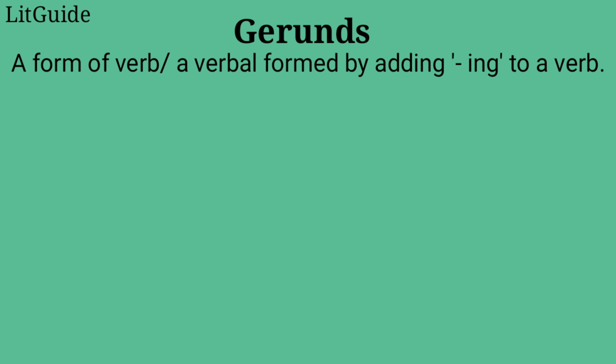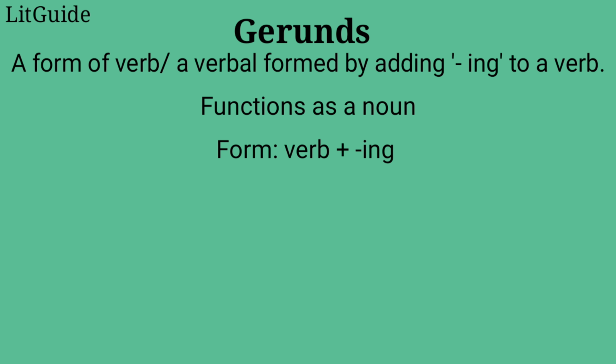We will first take a look at gerunds. A gerund is a form of verb or a verbal formed by adding ing to a verb. The form of gerund is verb plus ing. A gerund functions as a noun in a sentence. In other words, a gerund is a verb that becomes a noun.